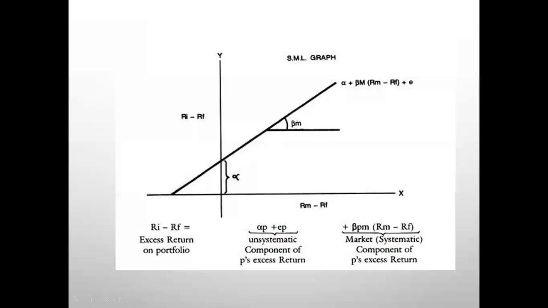Any return you get in excess of the risk-free rate of return is called excess return. It is the difference between the expected return on the stock and the riskless rate of interest, such as the rate offered on a government security; you can take any treasury bill rate.